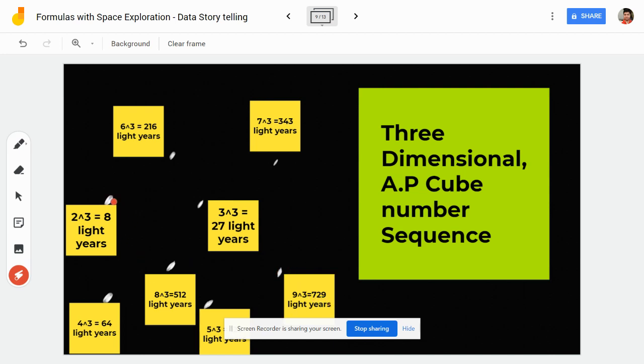If you see, this is a formation: 2 cube, 3 cube, 4 cube, 5 cube. This is the first face, and then the second face is in the backward direction: 6 cube, 7 cube, 8 cube, 9 cube. So this is the backward direction.